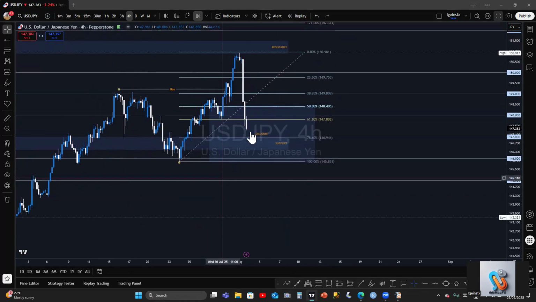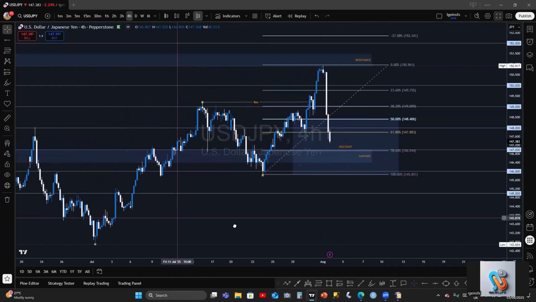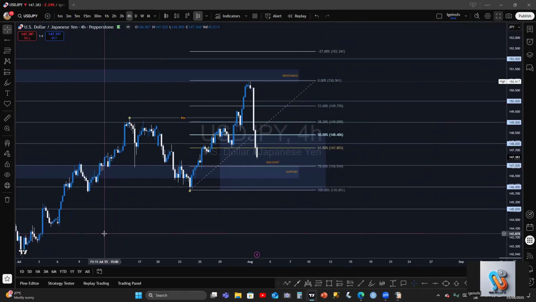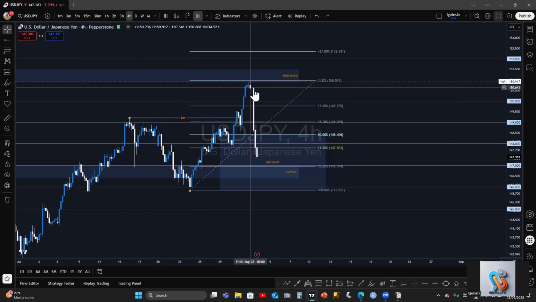But with the other confluences that we have added, this push here should end here. This push should end here.